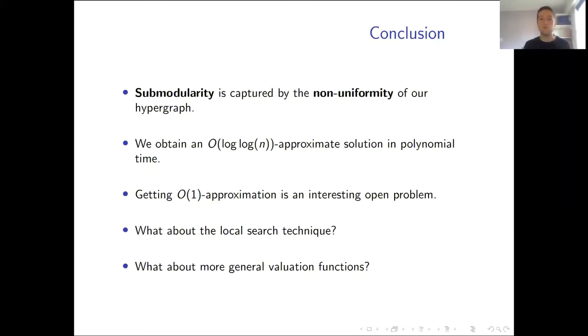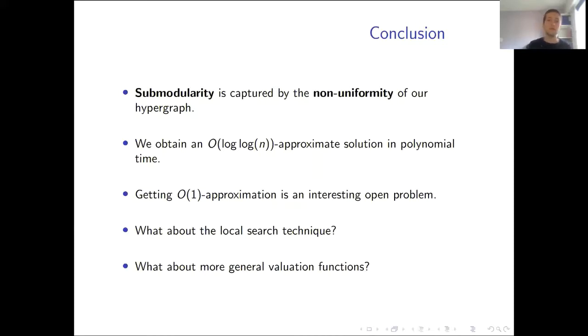But there are still very interesting open questions. First, getting a constant factor approximation is an interesting open problem. It should be possible given the results that are known in the linear case, where the best known is a 4 plus epsilon approximation in polynomial time. Also, from a technical point of view, here we show that we can use the local lemma technique to obtain a good approximation.